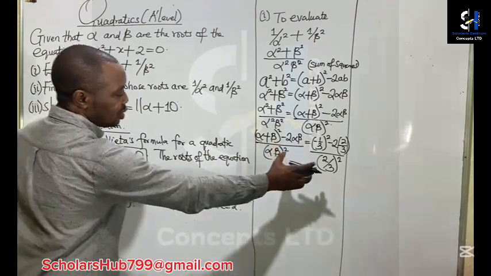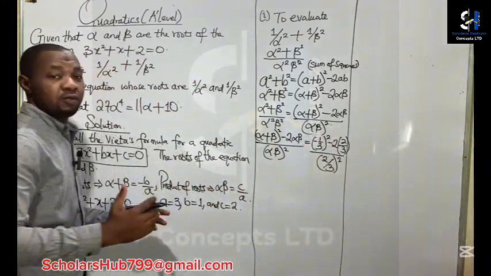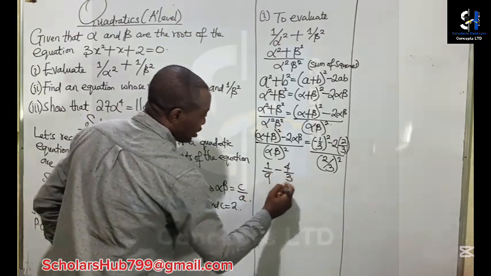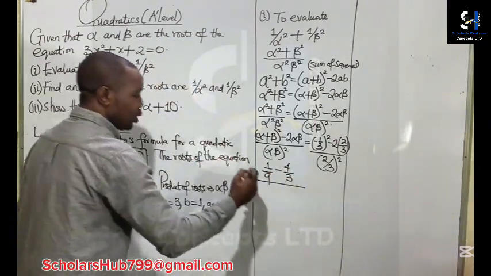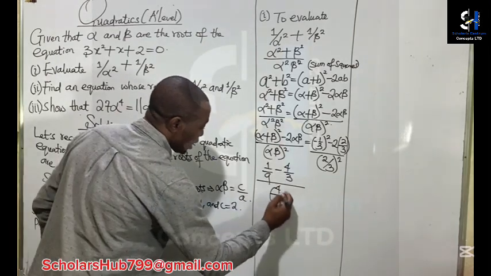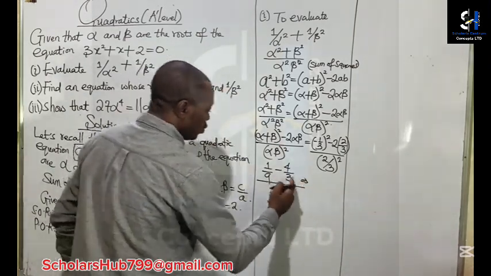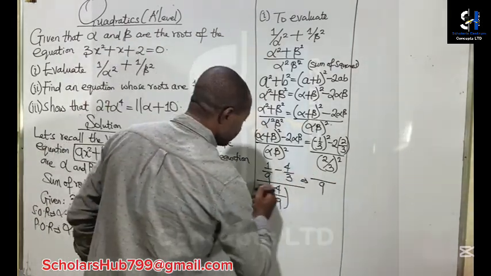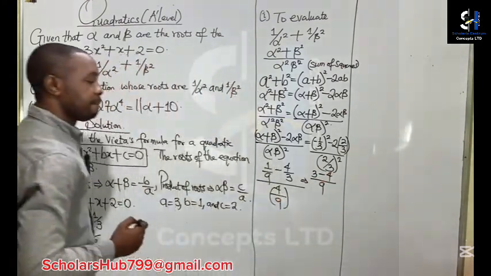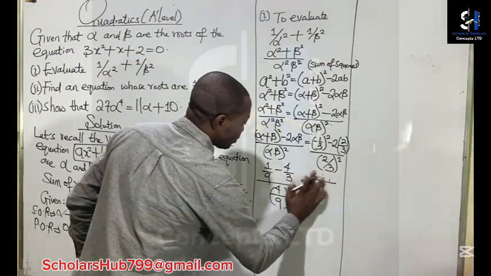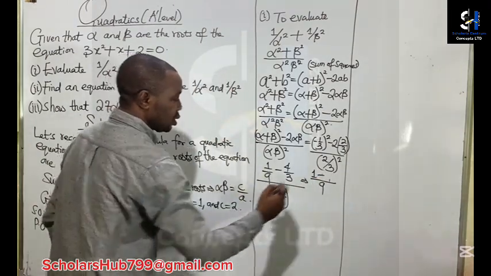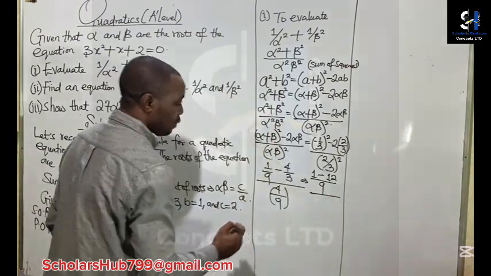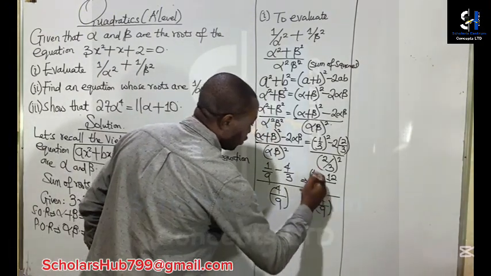So now let's simplify this. Now we know that the square of -1 over 3 is 1 over 9, then minus 4 over 3, then all over 2 squared, that's 4, and 3 squared, that will be 9. So when we simplify this, that will be 1 minus 12, then all over 4 over 9.